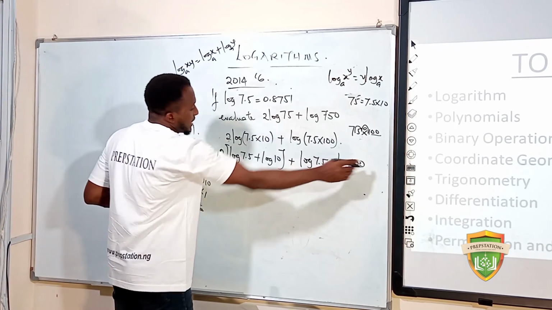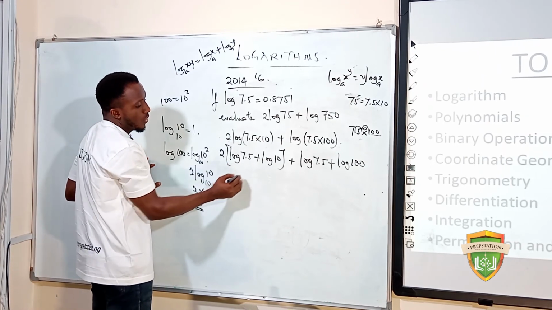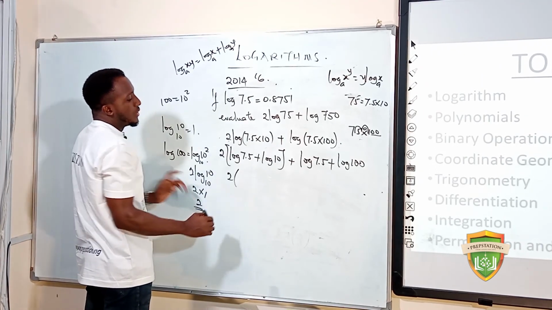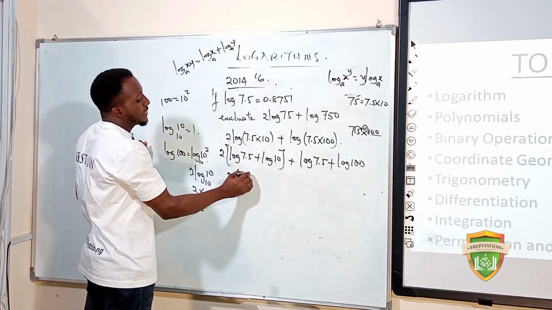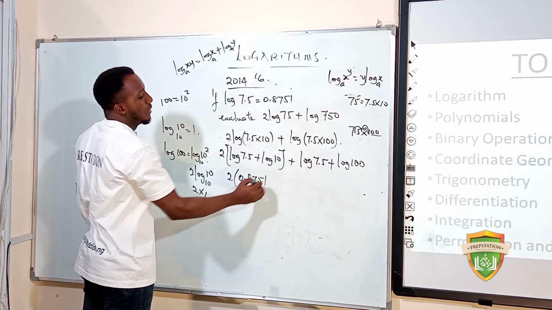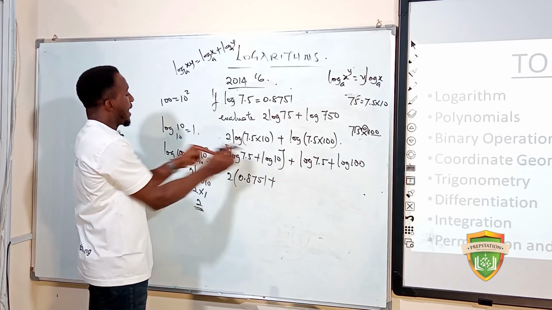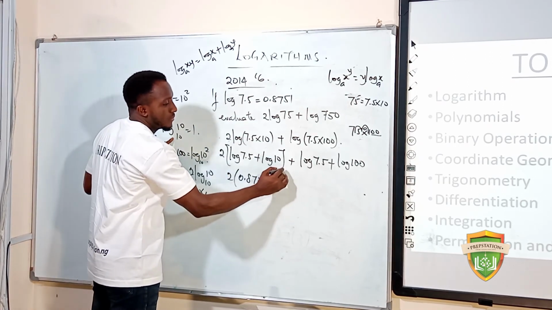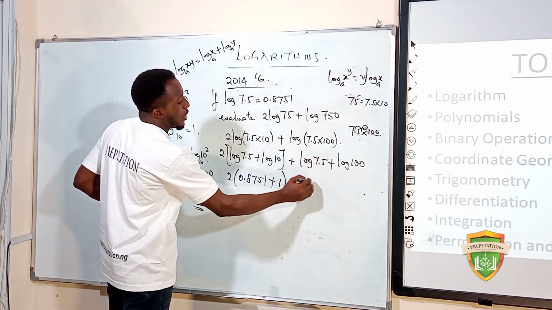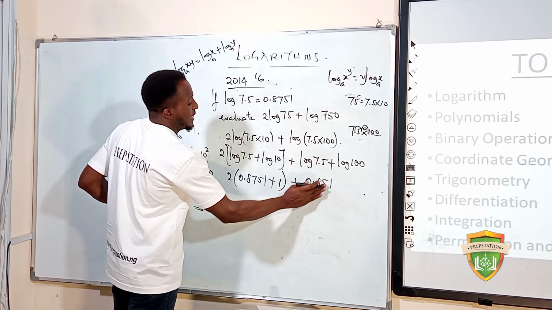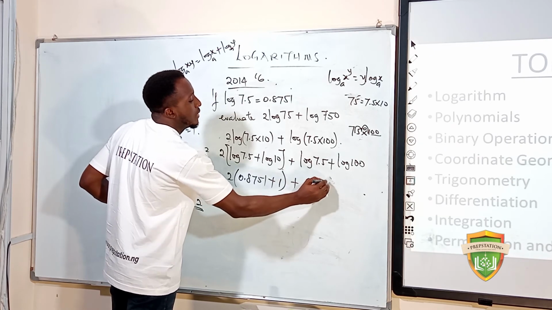So we can apply that here. When we do, we have 2. Now you open the bracket. Log 7.5 is given here, 0.8751, plus log 10 is 1, plus log 7.5, 0.8751, I beg your pardon.